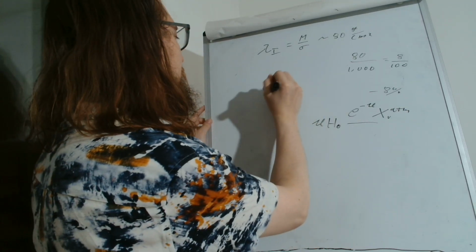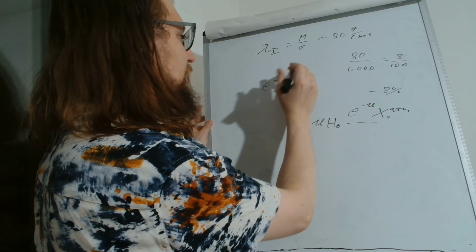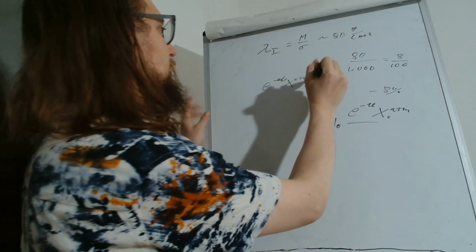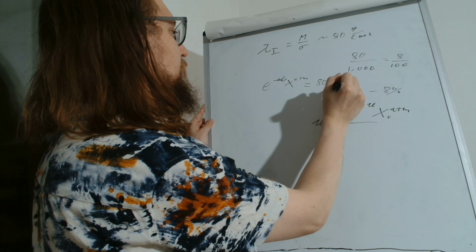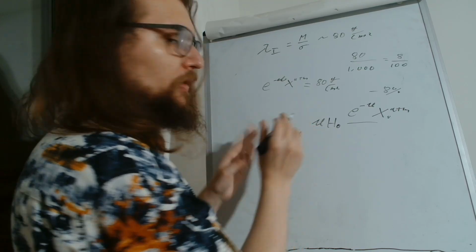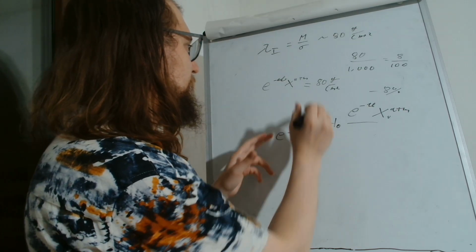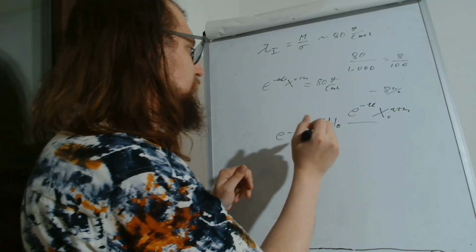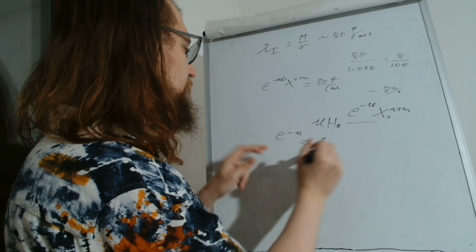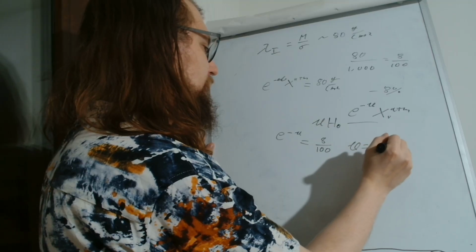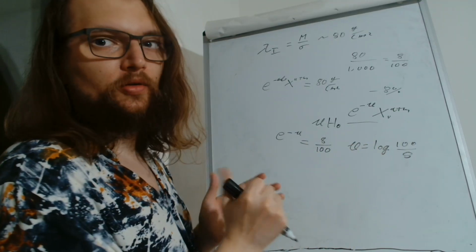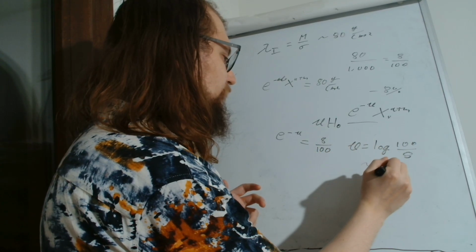So when is e to the minus k times the atmospheric depth at the ground equal to 80 grams per square centimeter? That is e to the minus k equals 80 divided by 1000, so 8 divided by 100, so k is the logarithm of 100 divided by 8, and this corresponds roughly to 2.5.